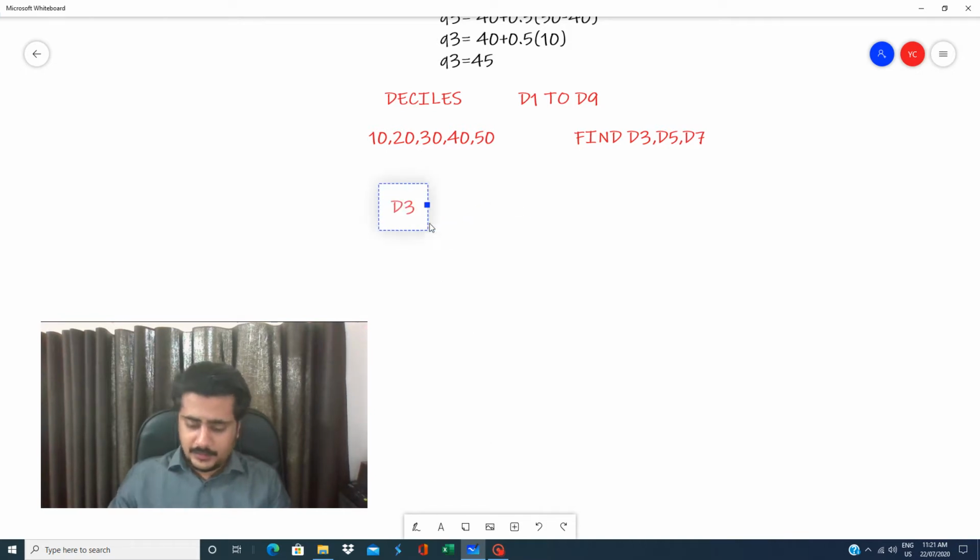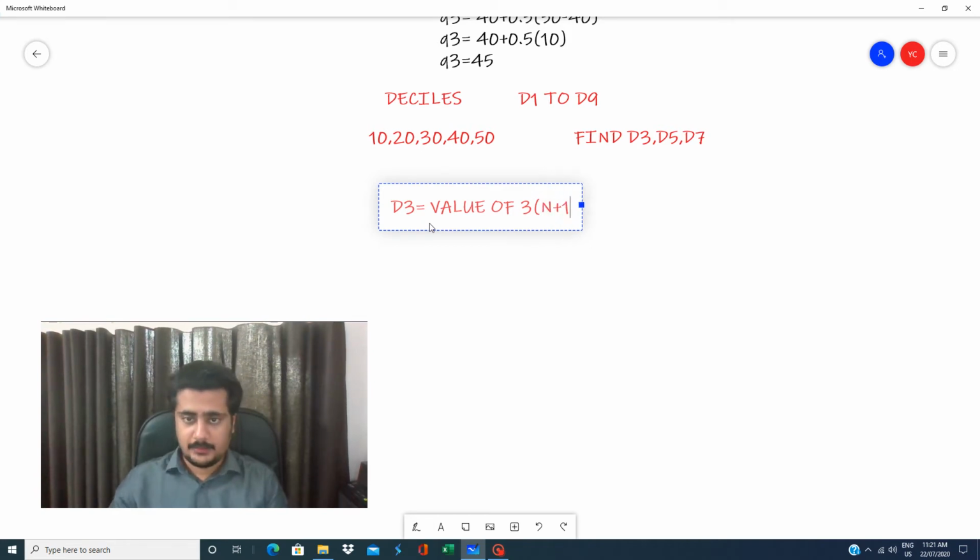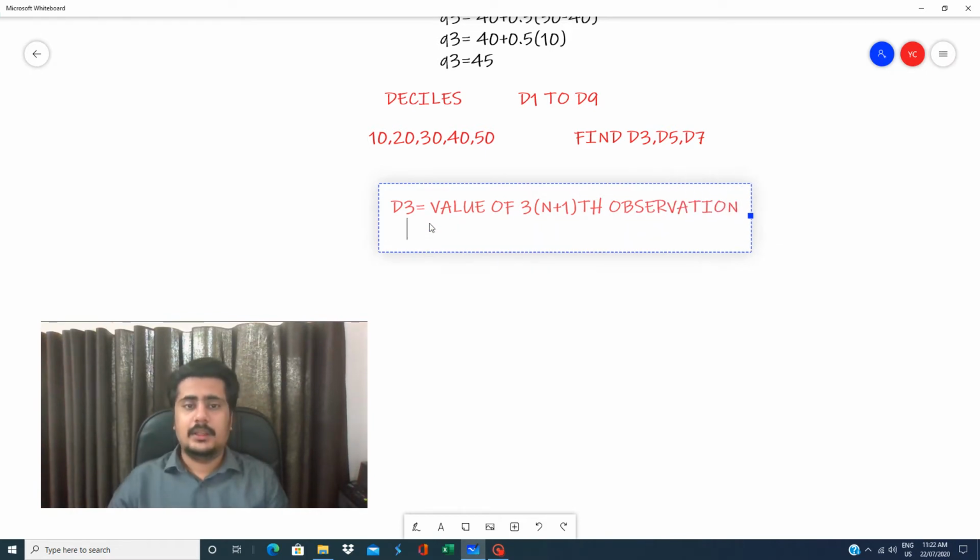I'll be starting with D3. Now how will I solve it? D3 means value of 3 into (n plus 1). As this is decile, I'll be dividing by 10 here.